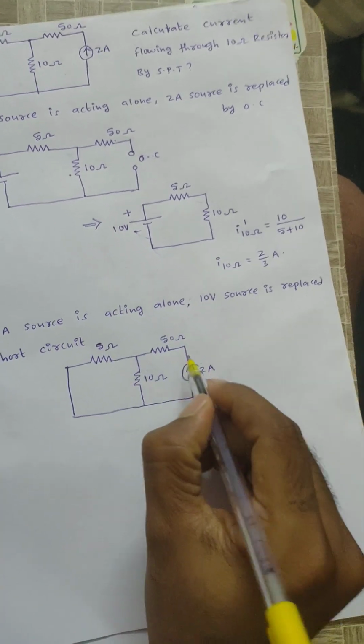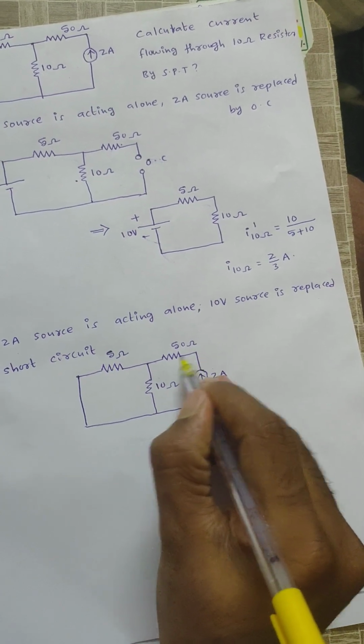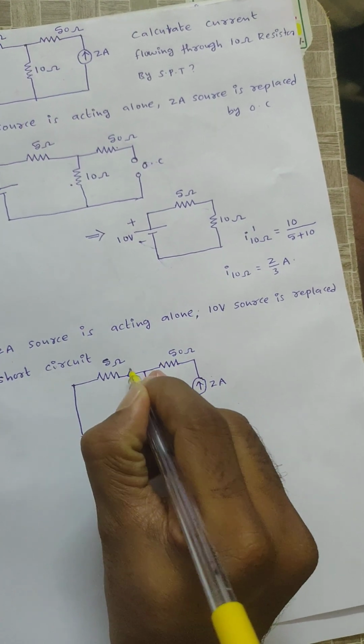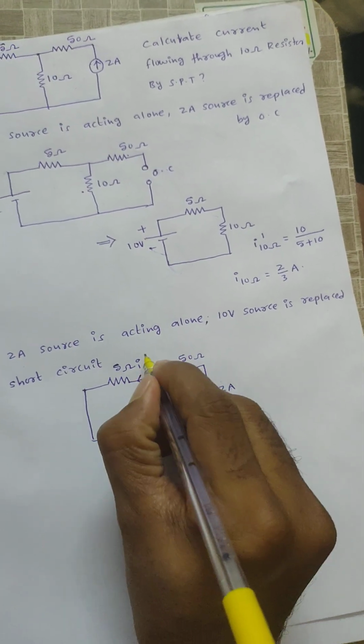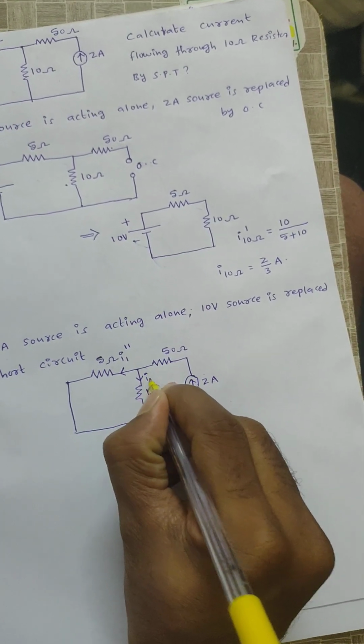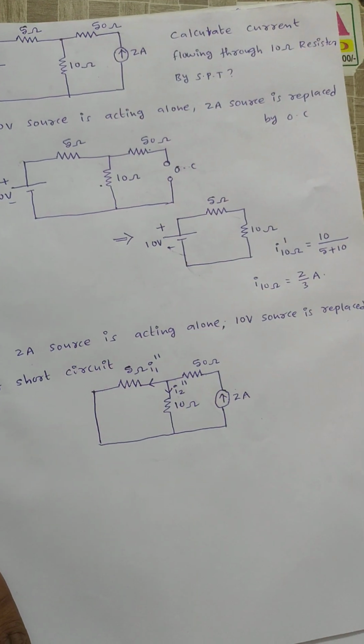Now see here, the current is known, right? That means the current flowing through the 50 ohm is 2 amperes. This is divided into, I am assuming, I1 double dash and I2 double dash. I2 double dash is nothing but the current flowing through the 10 ohm, right?